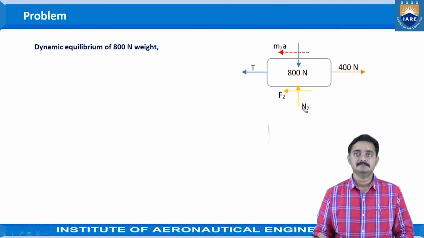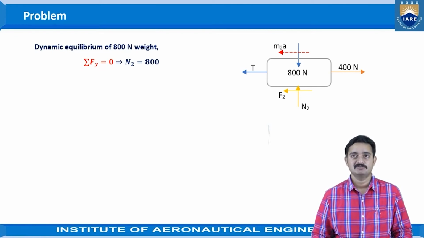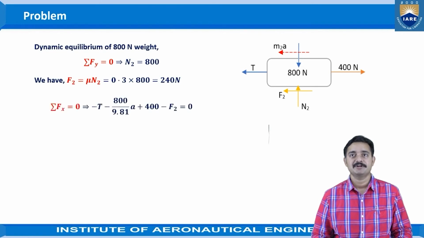For this free body diagram, let us apply the conditions of equilibrium. Sigma Fy equal to 0 implies the value of N2 as 800. And we have F2 equal to mu N2, which is 0.3 into 800, equal to 240 newtons.